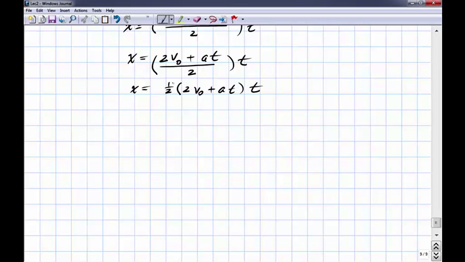The next thing we'll do is we'll distribute the t into the equation. That produces 1/2 times 2v0t plus at squared. Next, we'll distribute the 1/2 into this equation, and here's what we get.